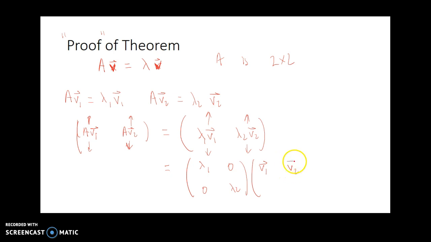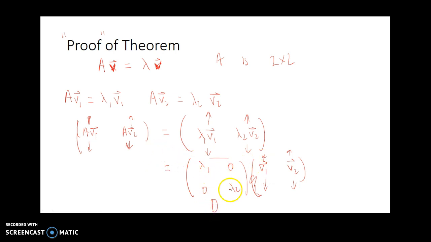There'll be two eigenvectors side by side. These are vectors. And so if I multiply V1 times the first row, I will end up with lambda 1 V1. And then lambda 2 V2 will show up down here when I multiply by the second column. So we end up with essentially a matrix that we're going to call D.